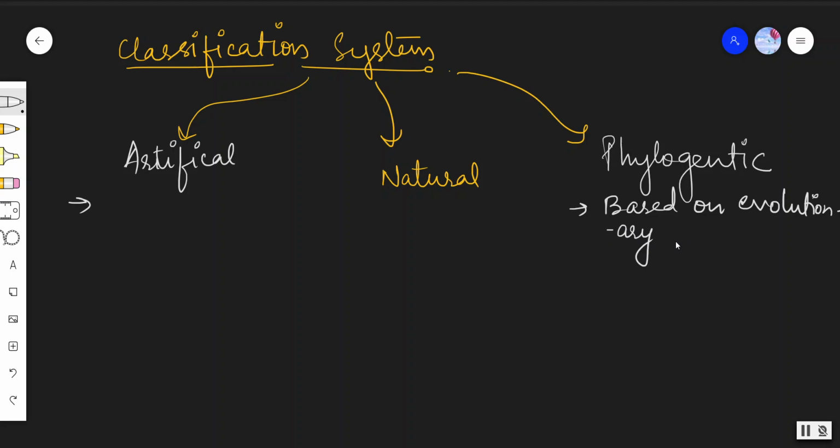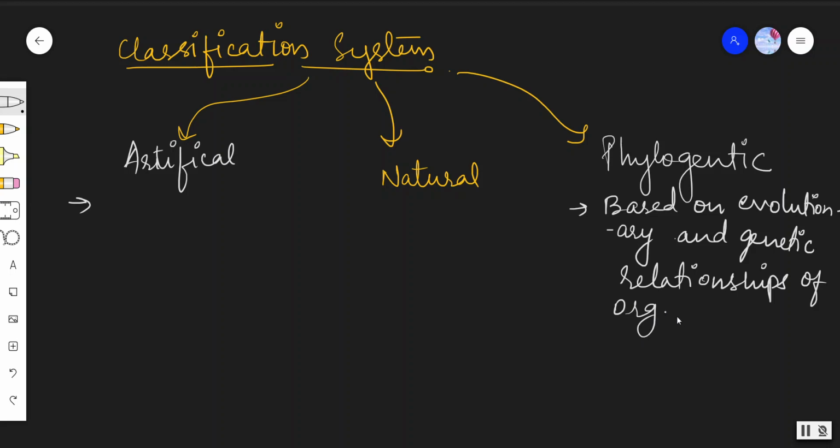Evolutionary and genetic relationships of organisms, which is more scientific and natural.